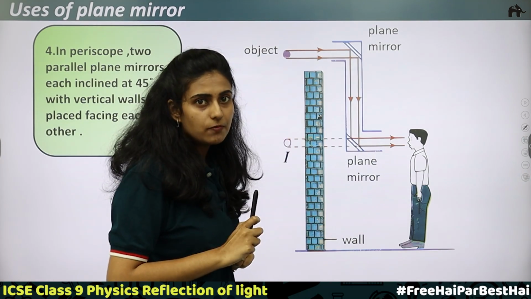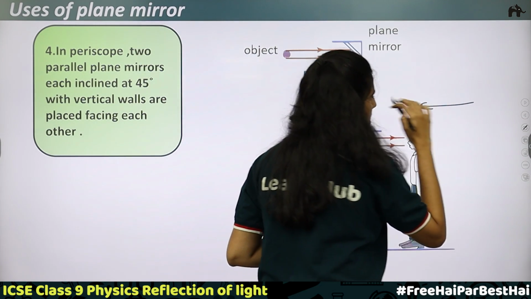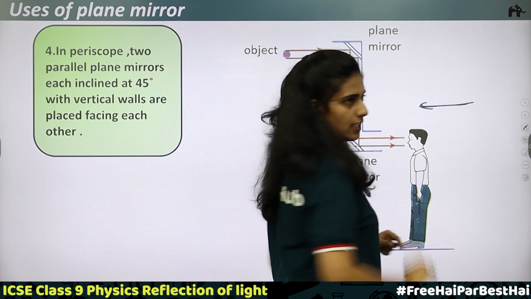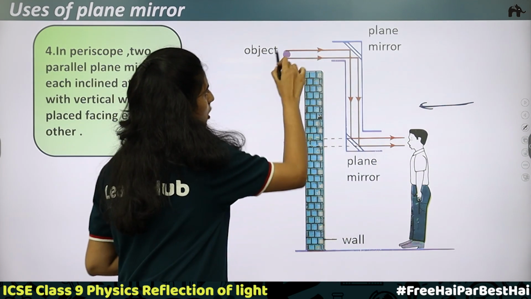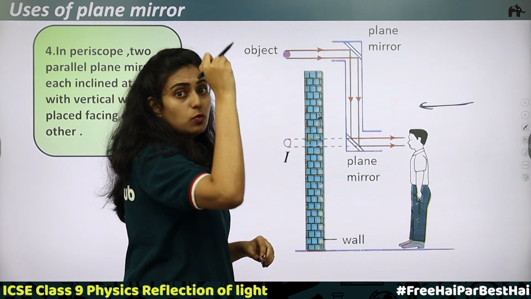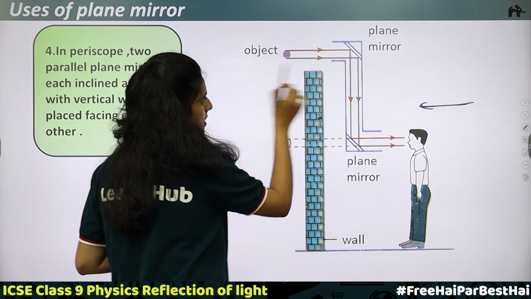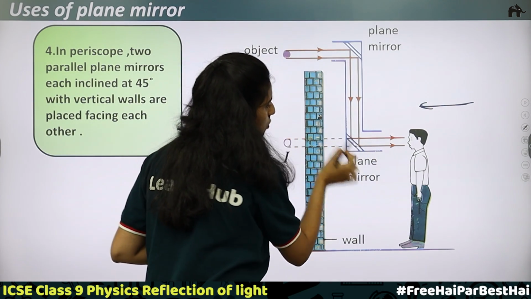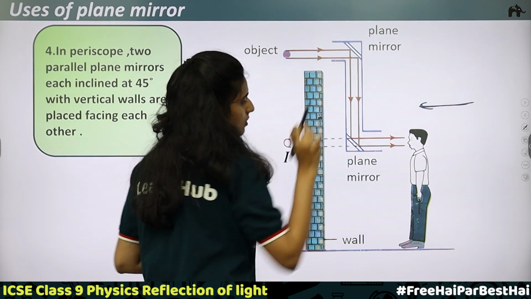So how does he see the object? Normally, we will be able to see an object only if it is along the line of sight. Here the object is at a greater height, but you want to see it, so a periscope can be used. Here you can see two plane mirrors at an angle of 45 degree.